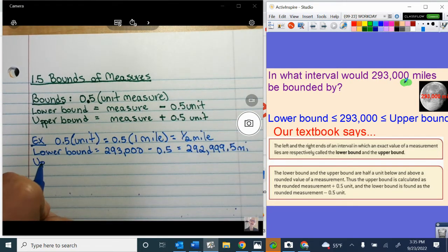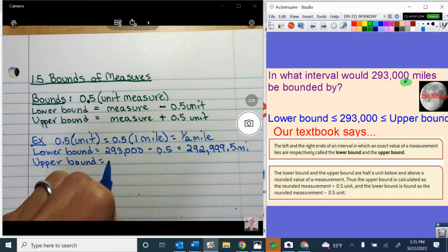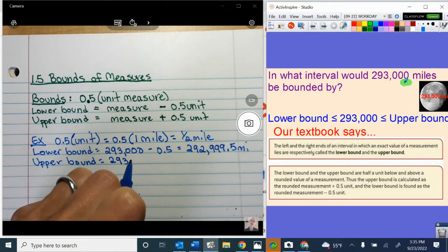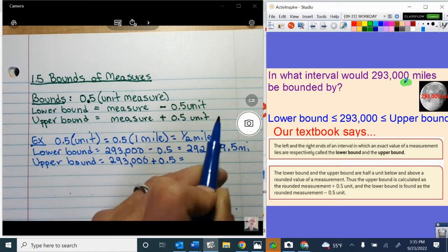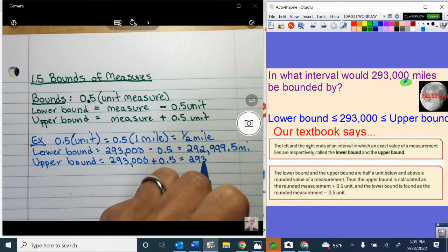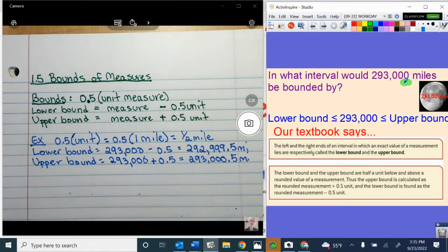And then the upper, that's usually the easiest one. We're just going to add half a mile, and we get 293,000.5 miles.